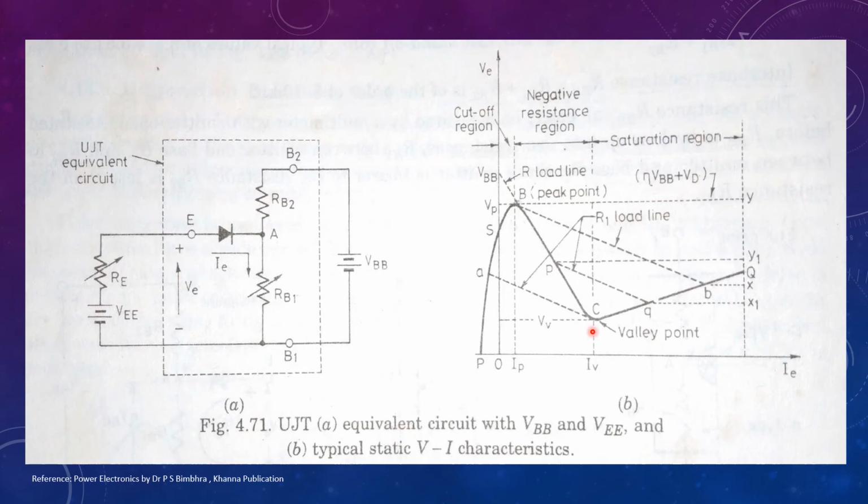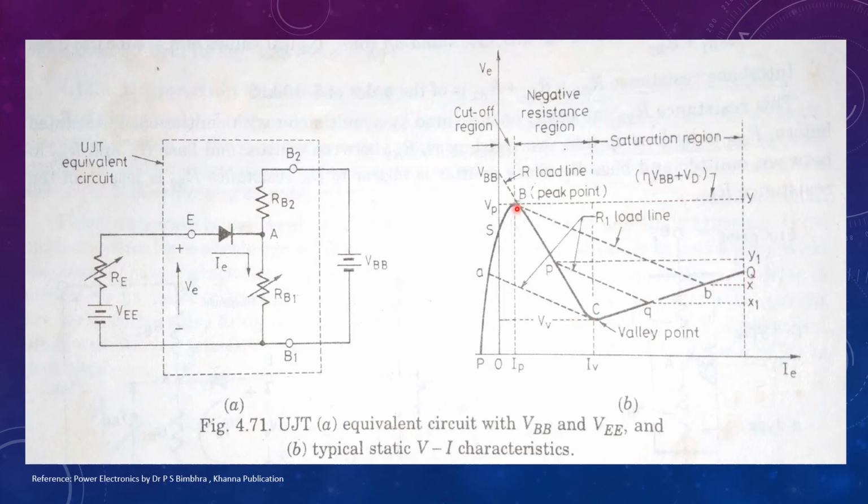At point C, UJT is on. After UJT is on, an increase in VE gives an increase in IE too. This is indicated by CQ. At point Q, VE is a little more than the valley point voltage VV.